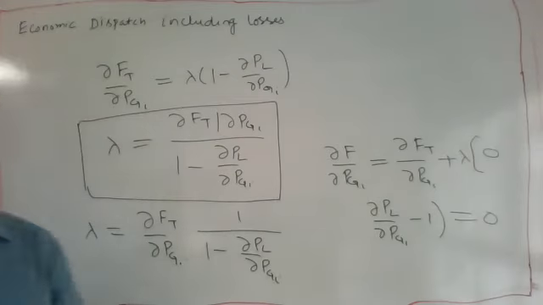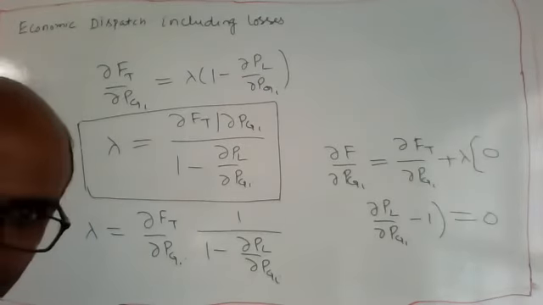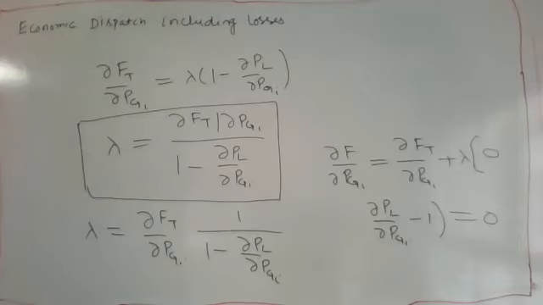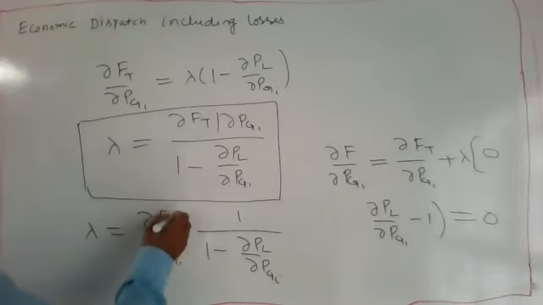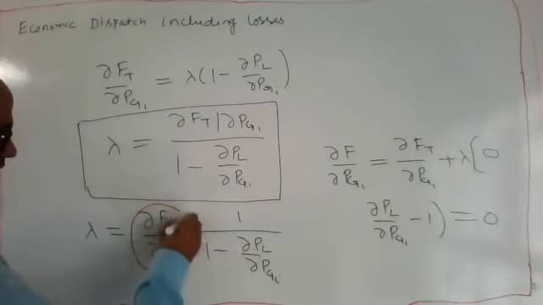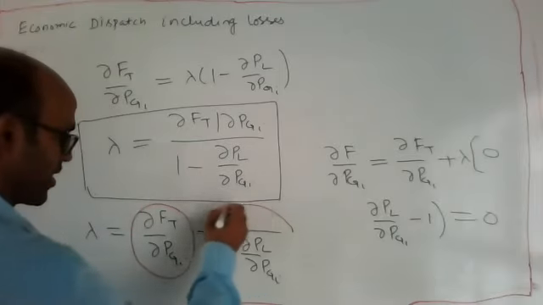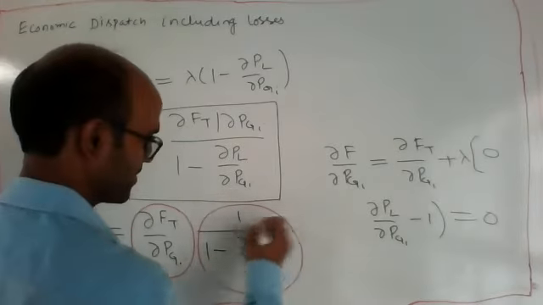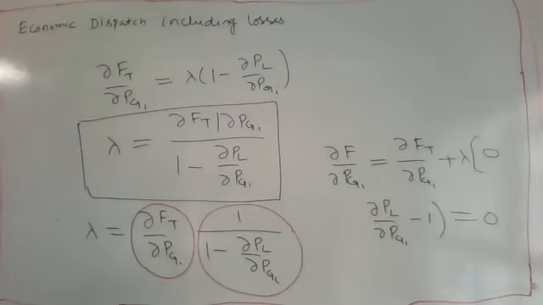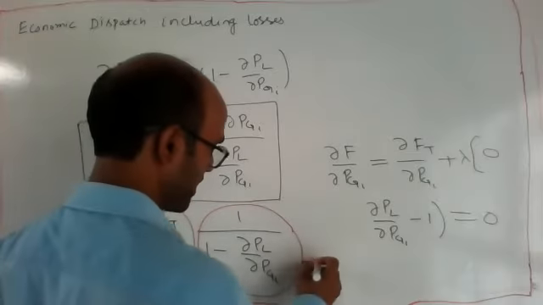then what are the names of these terms? You are familiar with these terms. You know these terms. Okay. What is the name of this term? You know, this is called penalty factor.